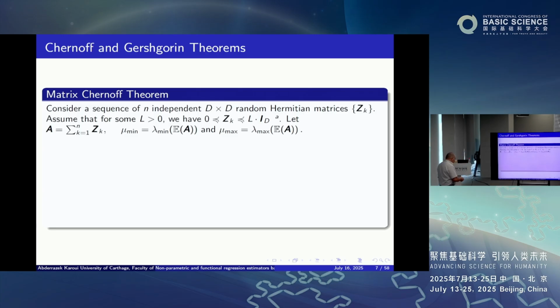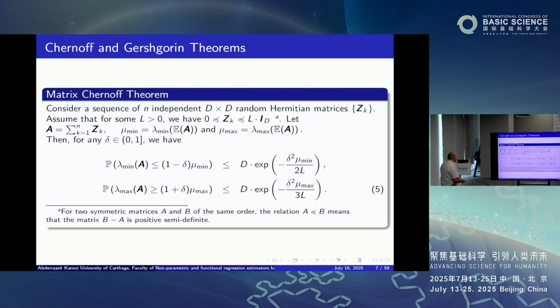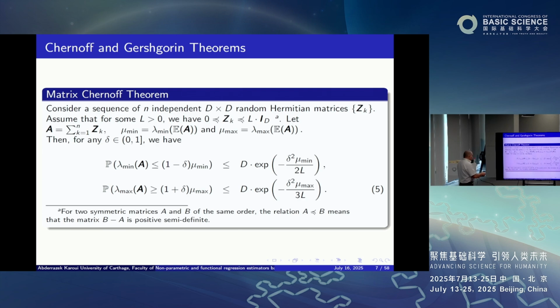What does the matrix Chernoff theorem say? If you consider a sequence of n independent d by d random Hermitian matrices, assume that for some L, Zk is positive and less than L times the identity of order d. It means that the eigenvalues of Zk are positive, and L Id minus Zk is positive semi-definite.